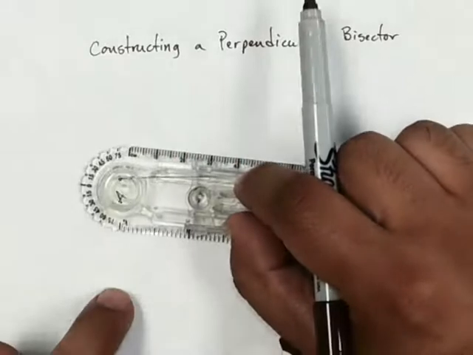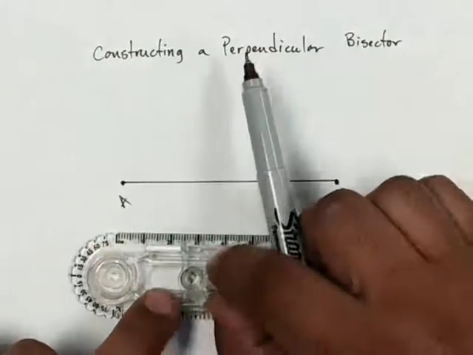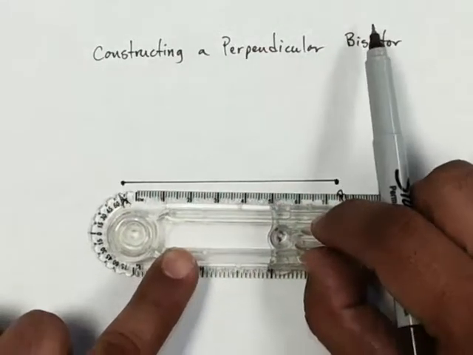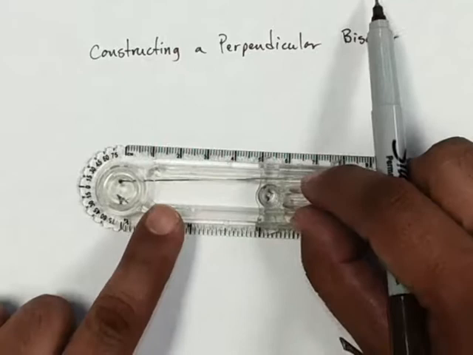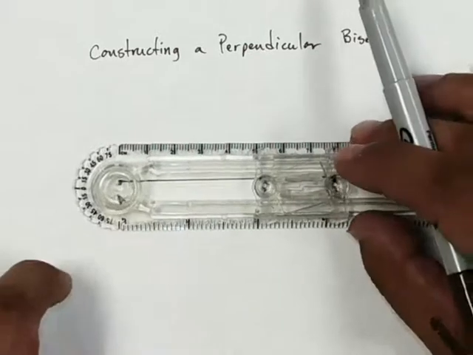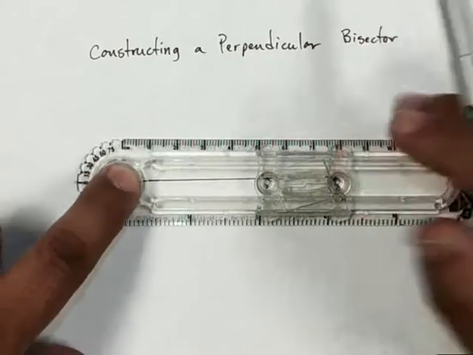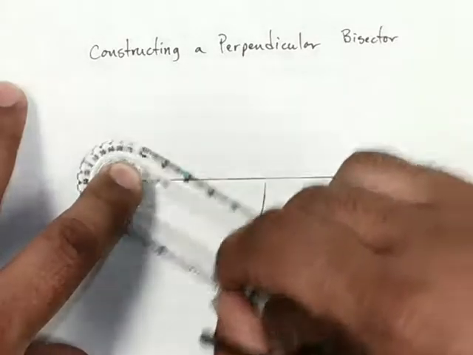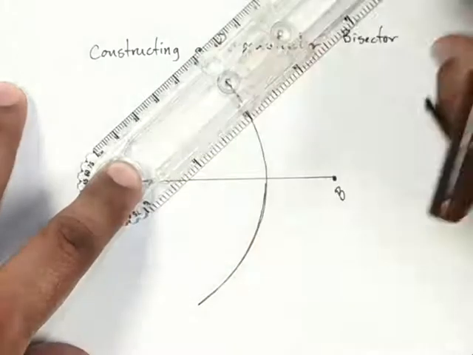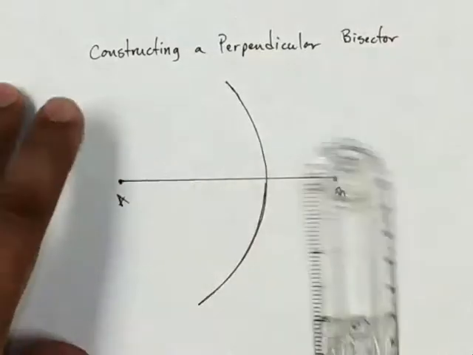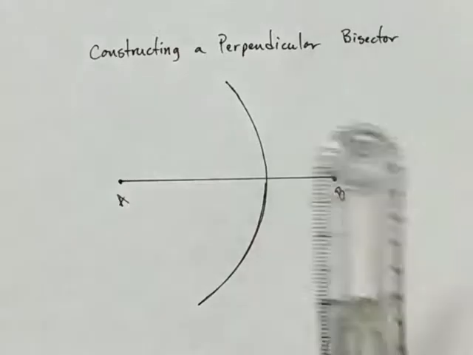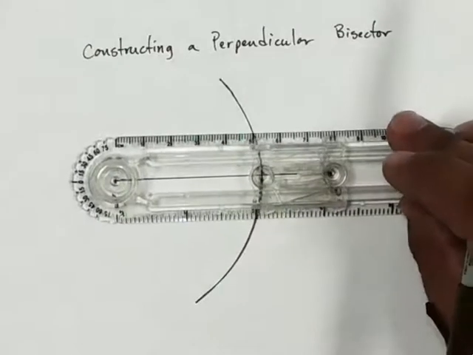I want to set my compass so that I'm more than halfway. So that looks greater than halfway. So I'm going to do an arc, relatively big. Doesn't have to be too big, but big enough for what I'm about to do next. So I have my arc.